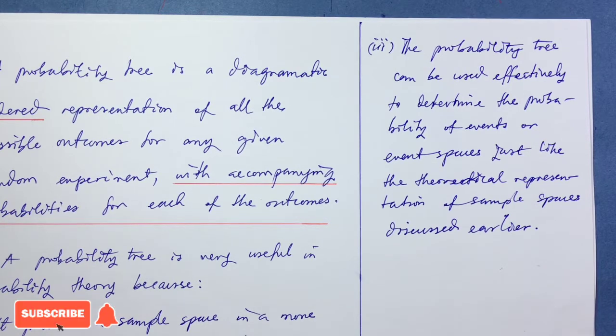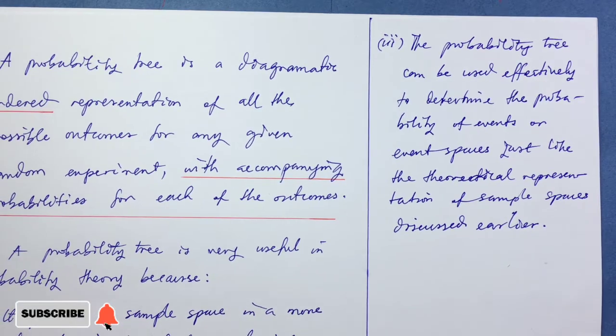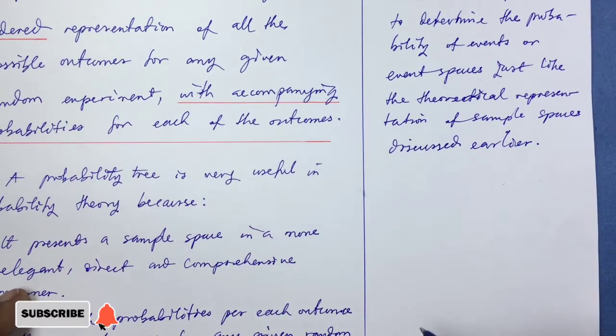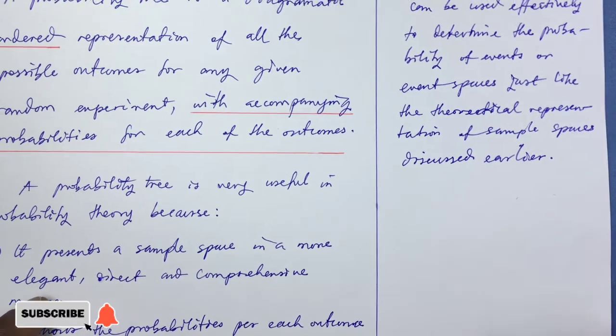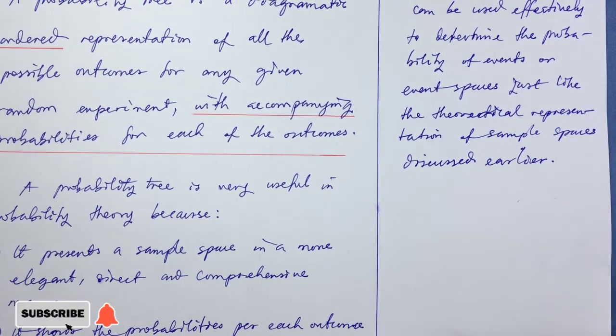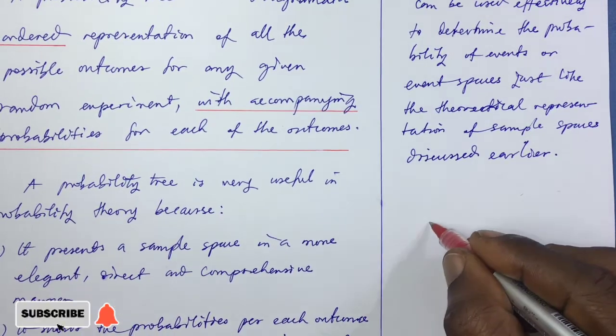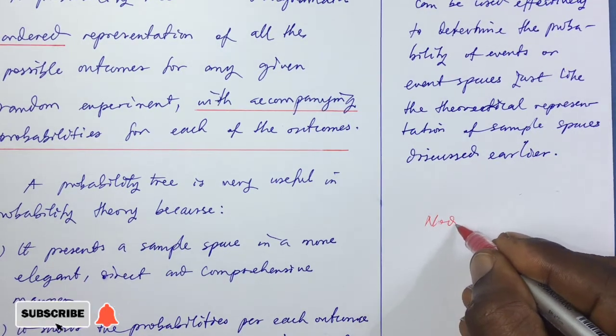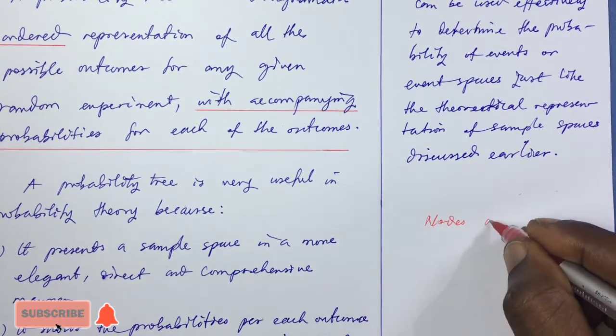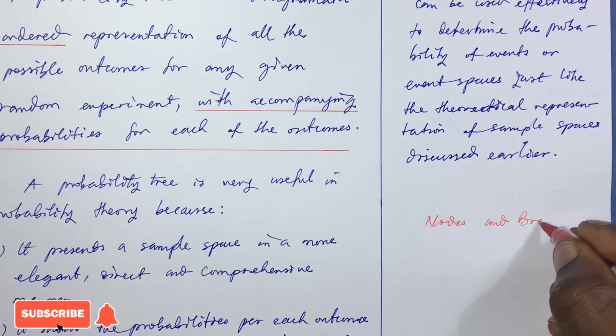Now, let's stop here with these things for the probability tree and go straight into a description. Before we go into a description of a probability tree, take note of two things. In a probability tree, there are nodes and branches.